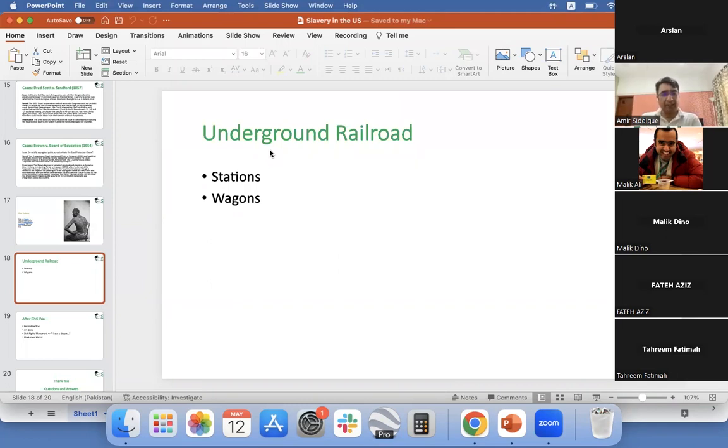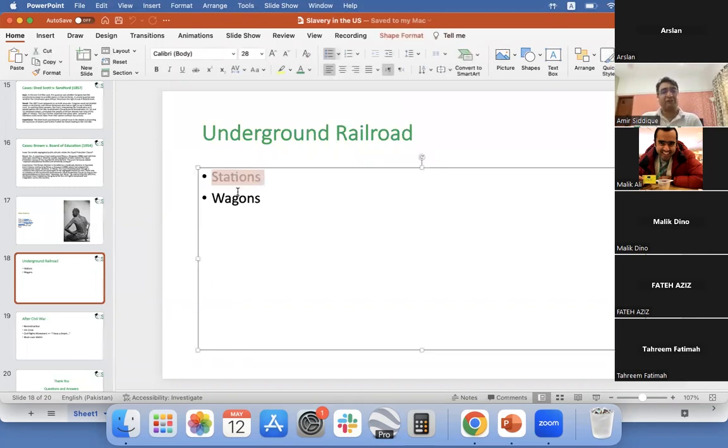So this railroad actually had sanctuaries called stations, and the volunteers who were taking them were called conductors. They had their own nomenclature and all that.